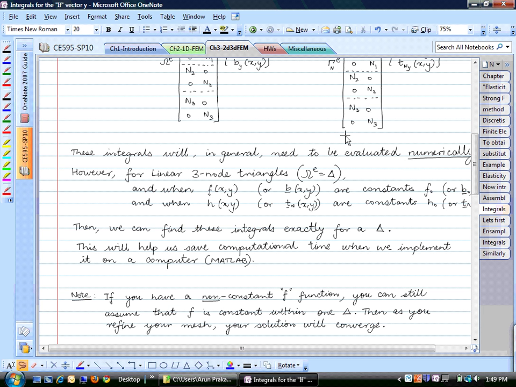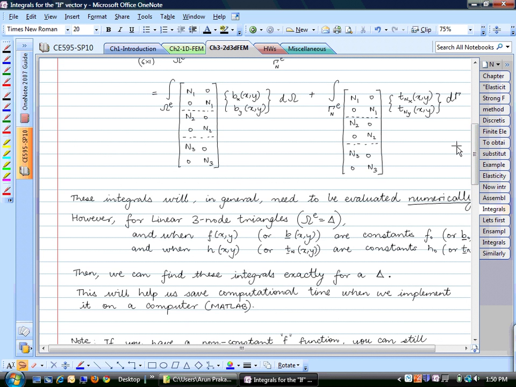To evaluate those integrals in one dimension, we use the trapezoidal rule. We will get to numerical integration later, but there are certain special cases where you can evaluate these integrals by hand, just the same way that I did for the stiffness matrix. That was Ca over L times a 2 cross 2 matrix.